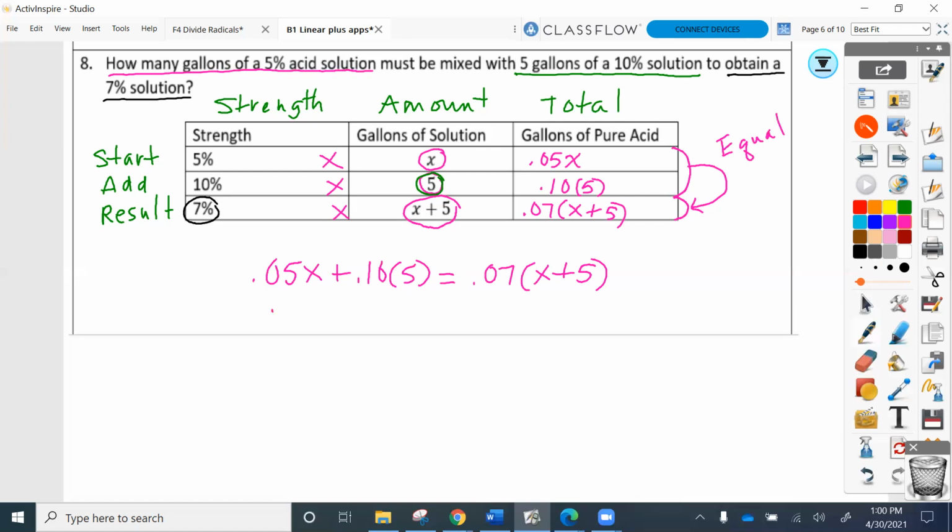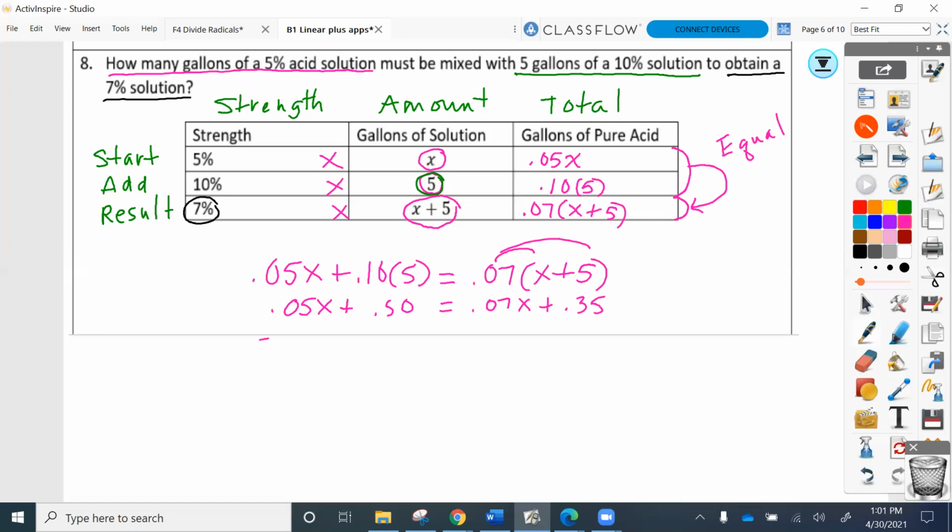Okay, so if we solve this equation, we're just simplifying 0.10 times 5 is 0.50. And here we're just going to distribute 0.07x plus 0.35. And then let's get the variables together on the same side.